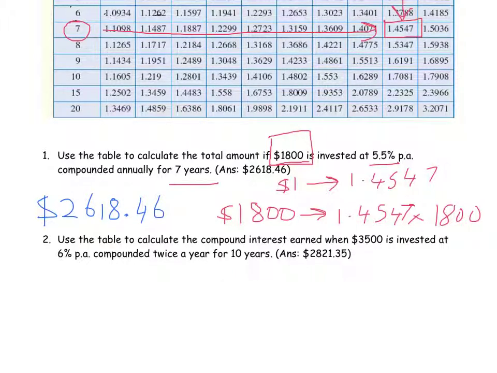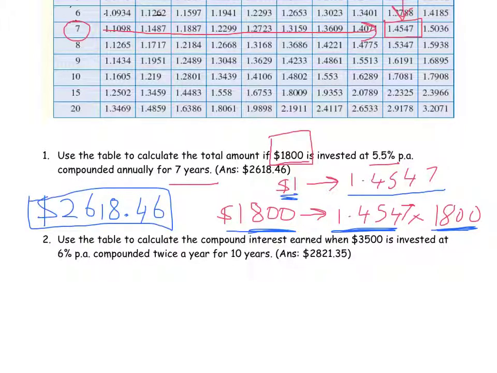Okay, so just to recap that, we worked out from the table that $1 grows to about $1.45, so that means $1,800 will be 1,800 lots of that $1.45, and that gives us our answer over here. So in other words, if you invest 1,800, that's how much you get after 7 years at 5.5%.